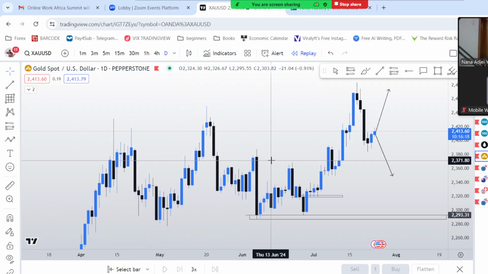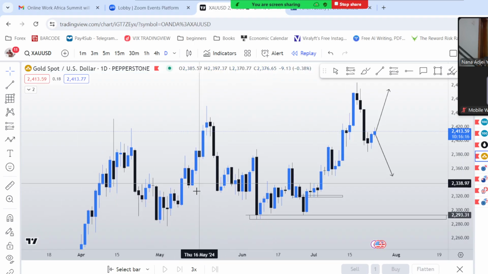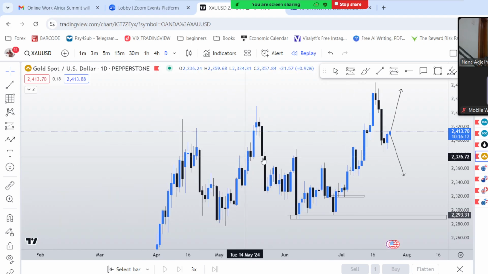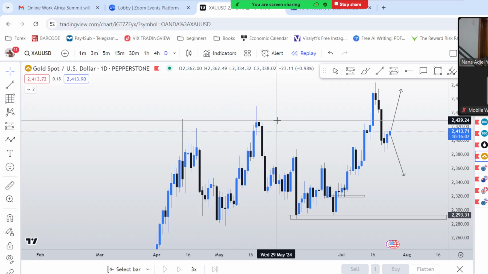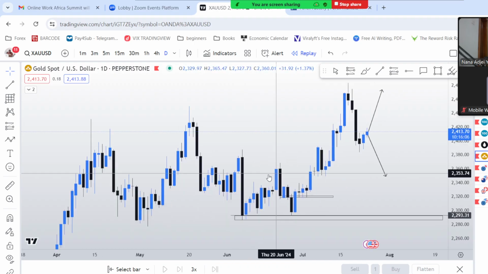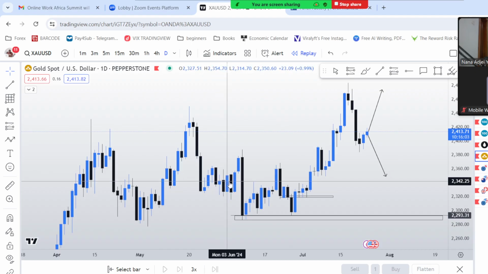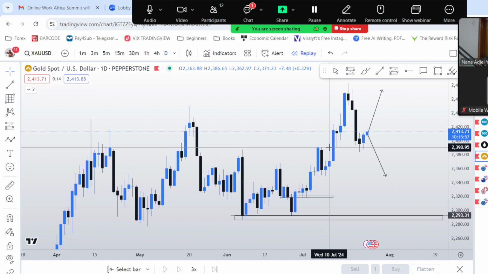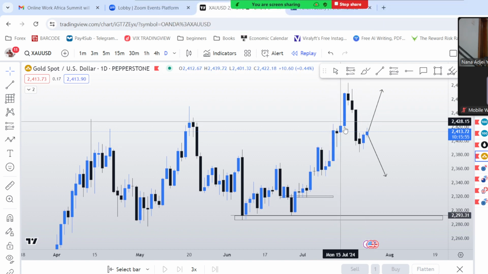When you sign up on TradingView, you're not going to see a screen like this. You can make some changes to your platform, how you want it to look. Let's say, for example, you want to change the color of the candlesticks. The blue candles mean the bullish candles, which means price pushing to the upside, and the black candles mean price pushing to the downside, or the bearish candles.